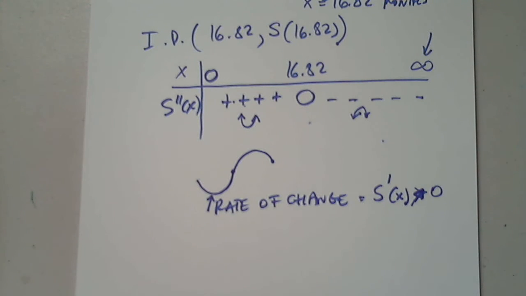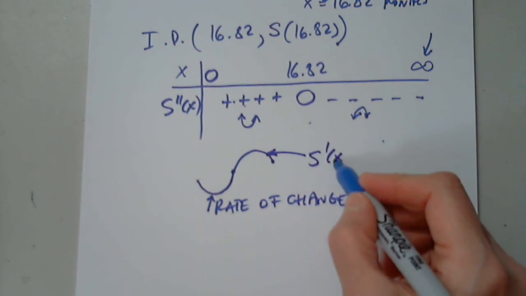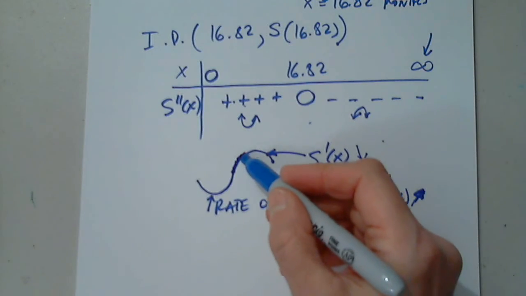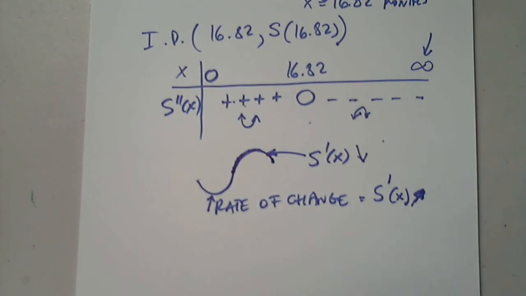I said increasing, but I wrote as if I was talking about the function. So the rate of change is increasing. Now, here, the rate of change, or S prime, is decreasing. See? Big, positive, big, 0, negative. That's what the inflection point tells us. Here the rate of change of the function is decreasing, and here the rate of change of the function is increasing.